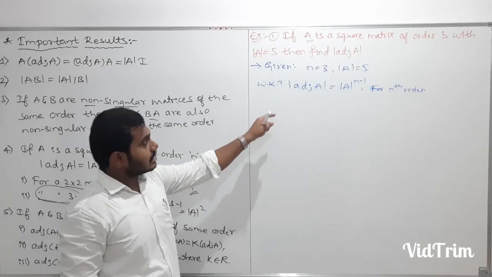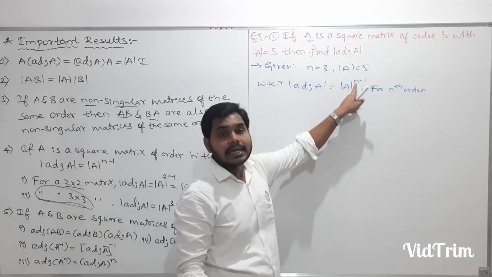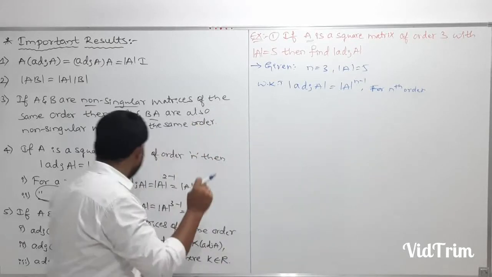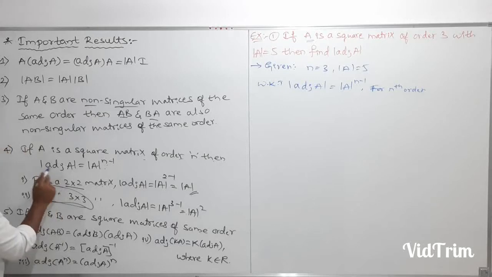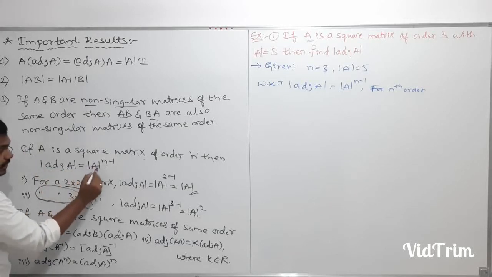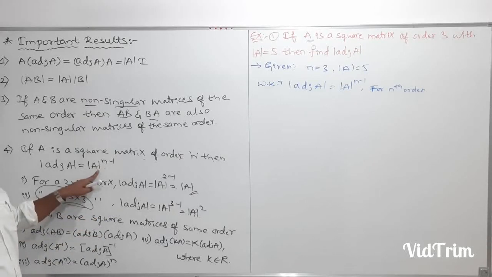I discussed that determinant of adjoint of A is equal to determinant of A whole to the power n minus 1 for the nth order. If A is a square matrix of order n, then determinant of adjoint of A is equal to determinant of A whole to the power n minus 1. This is the formula I have. Clear?